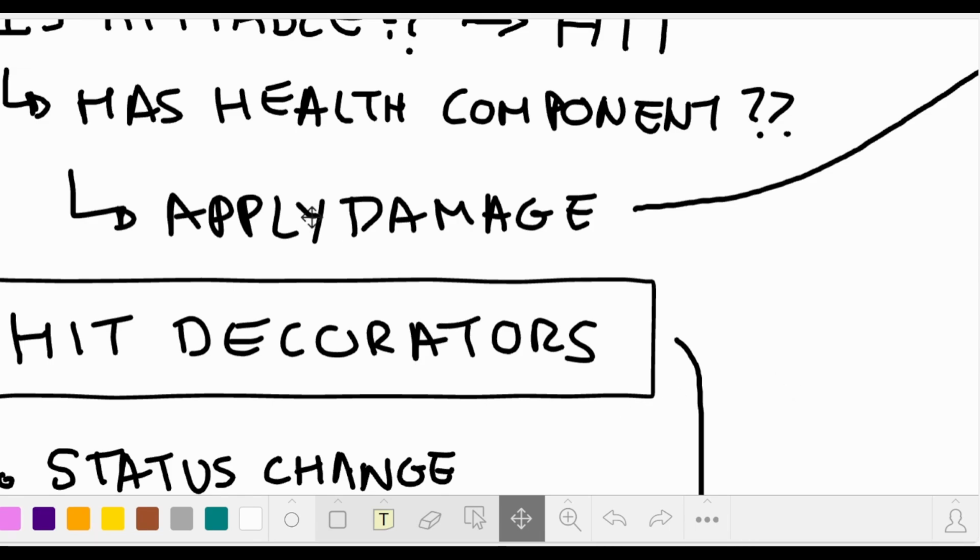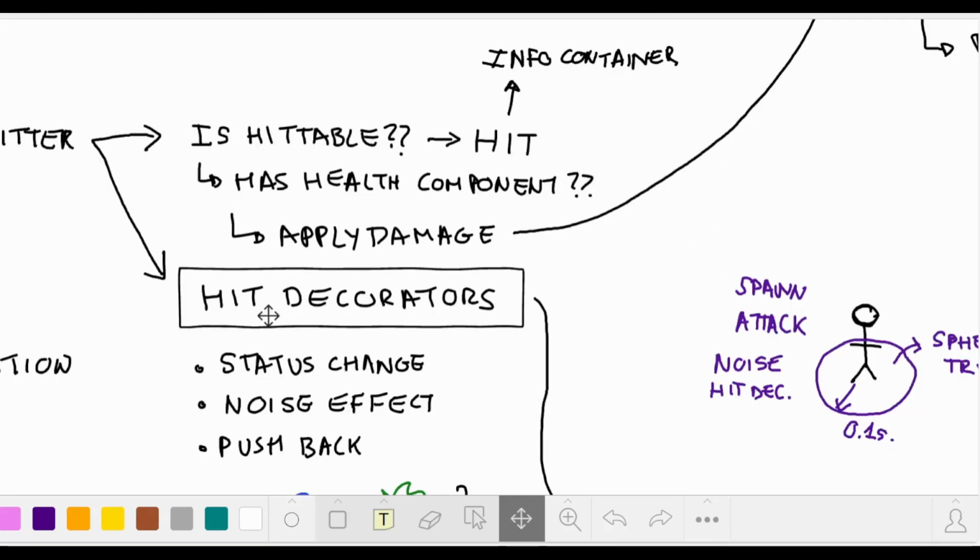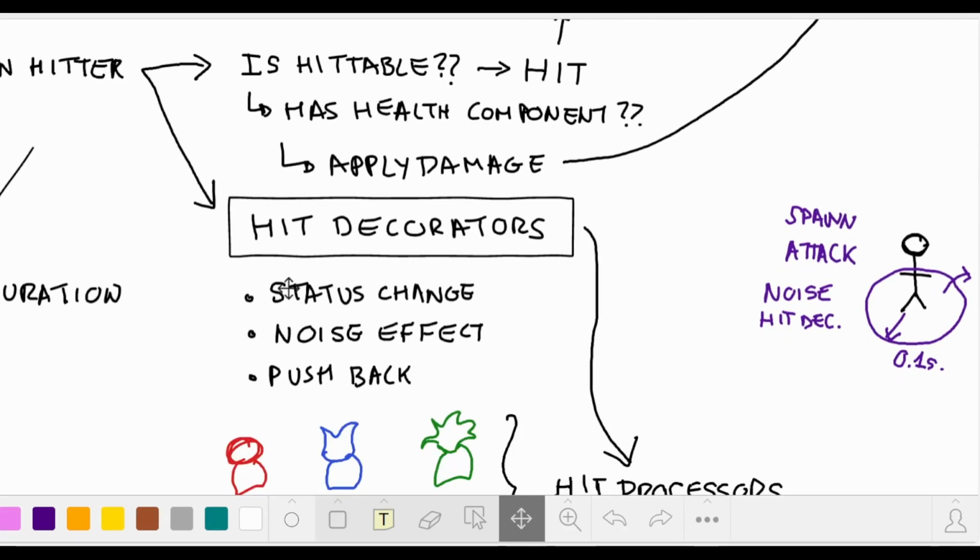But we have something else which is very important. Let's zoom out. The collision heater has something called hit decorators. What are these hit decorators? They're basically special effects or actions that we want to give to our hit apart from the basic thing of performing some damage.